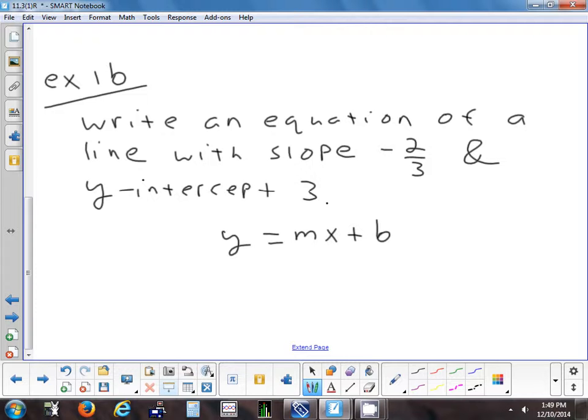Okay, in that equation, what are the two letters we need to fill in for? M and B. Do we fill in for the X and the Y? No. Okay. You don't fill in for the X and the Y, just the M and the B. Who can tell me what M is this time? Raise your hand. Yep, Elijah? -2/3 X. Yep. M is -2/3.